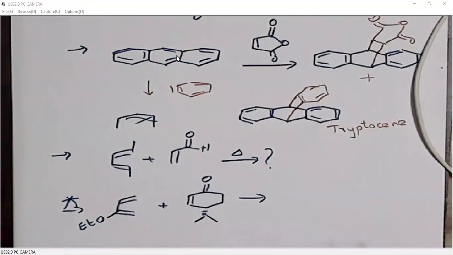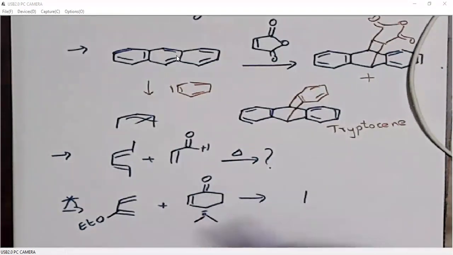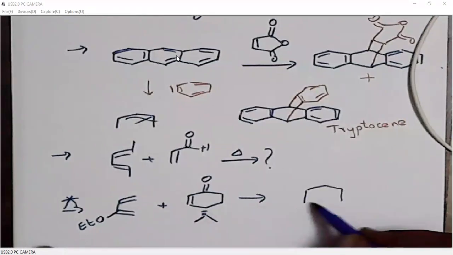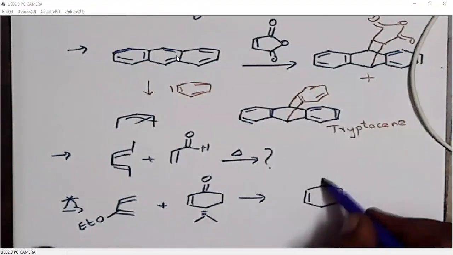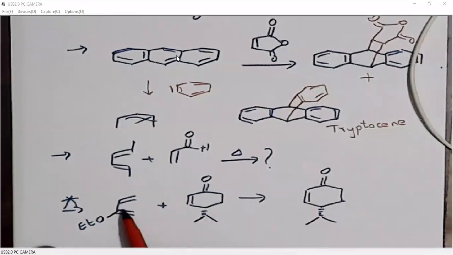But how we will predict is, if this molecule does not undergo endoselectivity from below the plane, then the reverse may be possible, right? Because this isopropyl group is restricting the approach from below the plane, then what we can do, we can write this diene from above the plane.